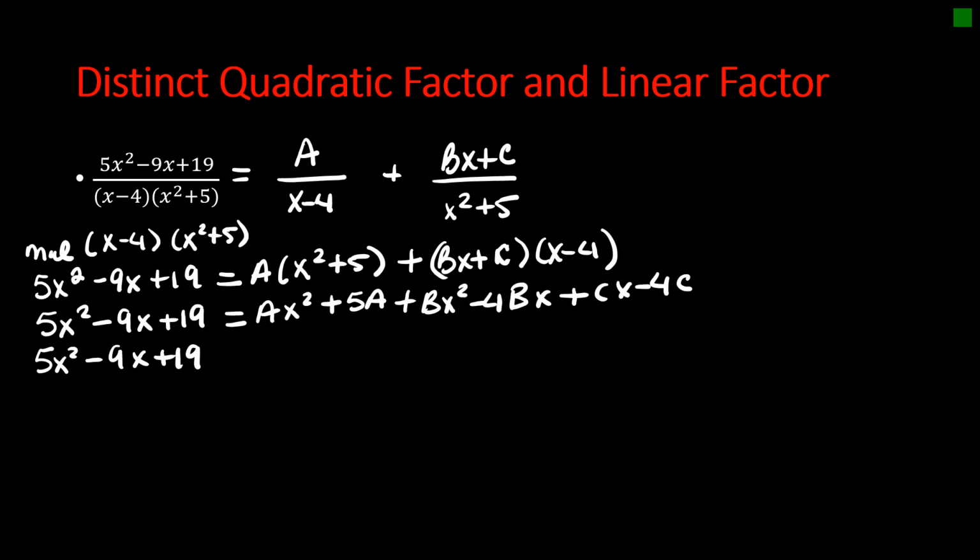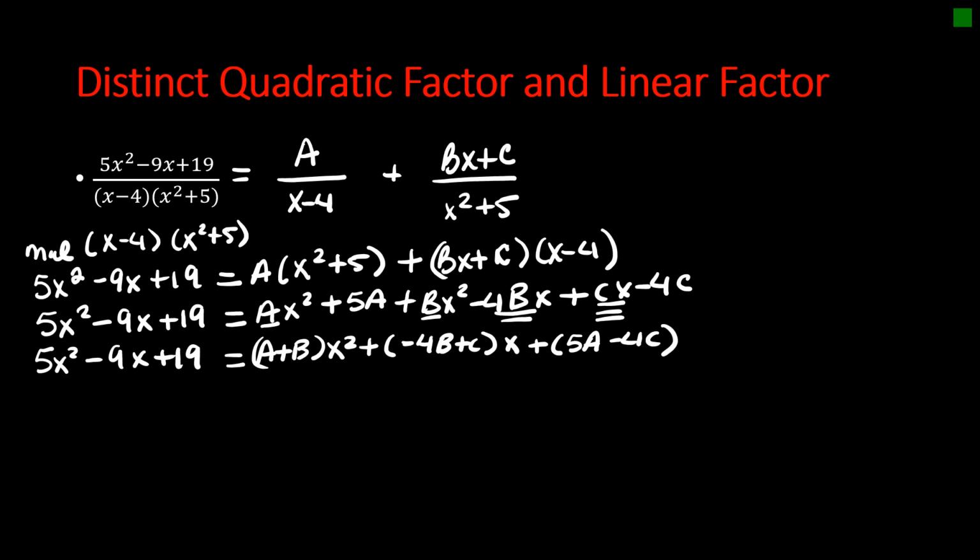Let's combine like terms. We have Ax squared plus Bx squared, so that's (A plus B) x squared. We have (negative 4B plus C) times x. And then we have a constant term, 5A minus 4C.